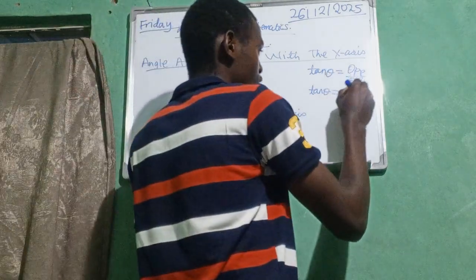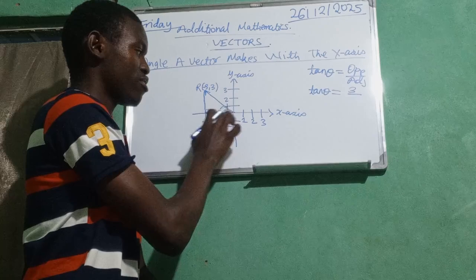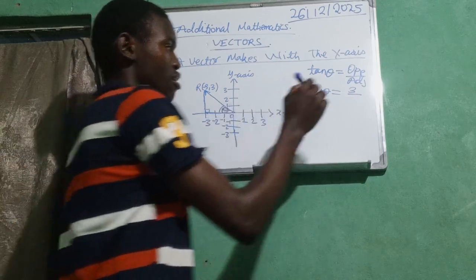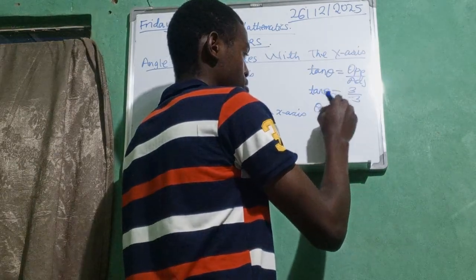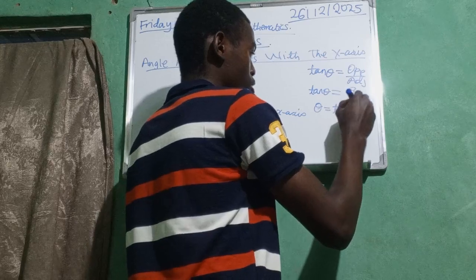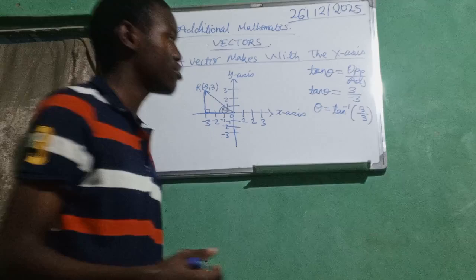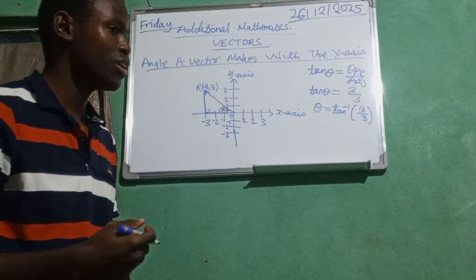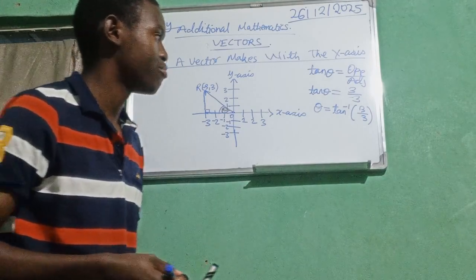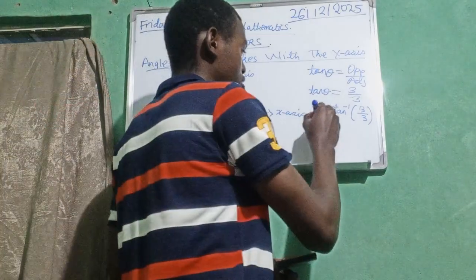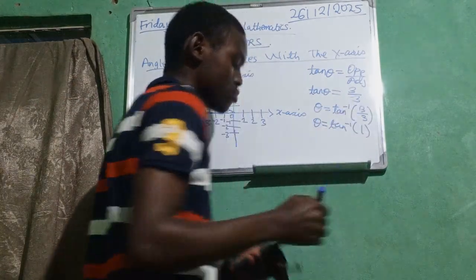You divide by the adjacent, where the theta is, -3. Theta is equal to tangent inverse of 3 divided by 3, which is just the same as saying tangent inverse of 1. So let's say theta is equal to tangent inverse of 1.